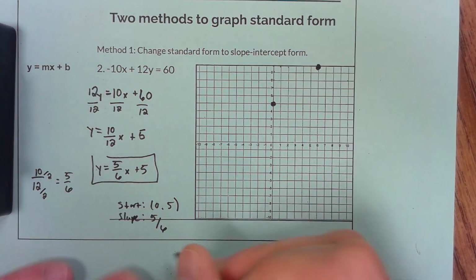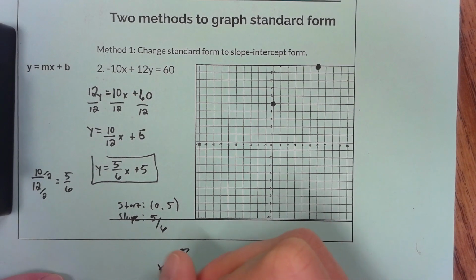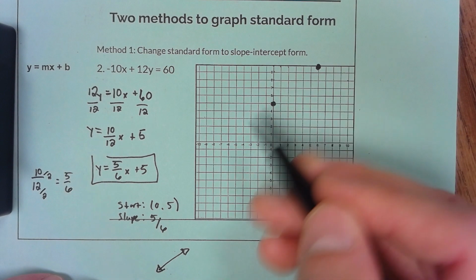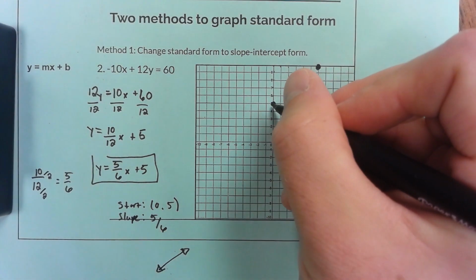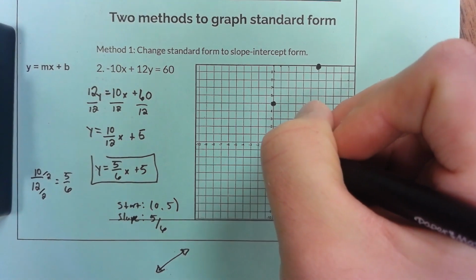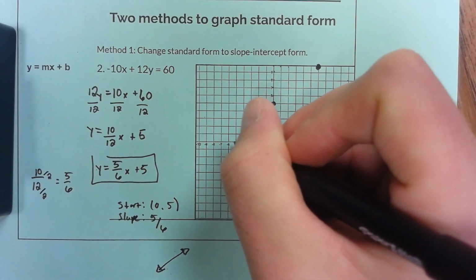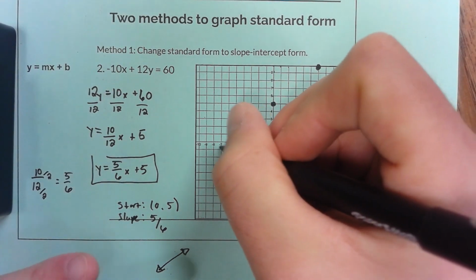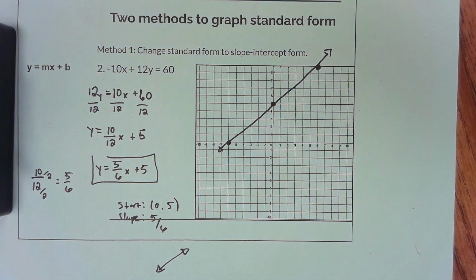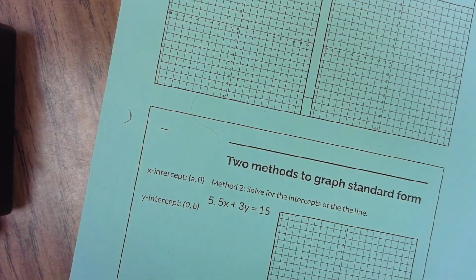My line should be positively sloped, so that means going up as I go to the right, which so far that's the case. So I can get another point now by reversing that process and going down 1, 2, 3, 4, 5, and left 1, 2, 3, 4, 5, and 6. And there is our 3 points.